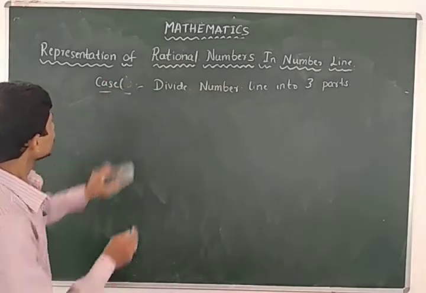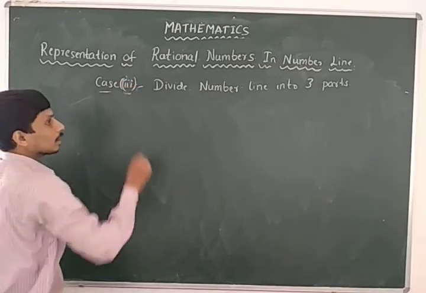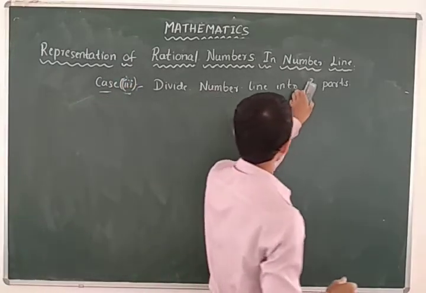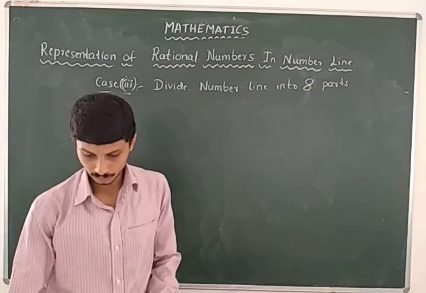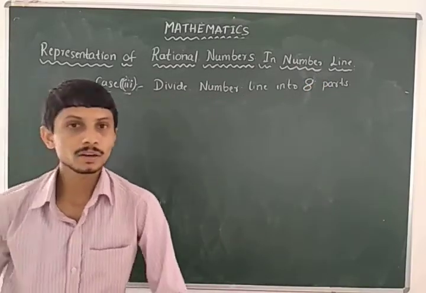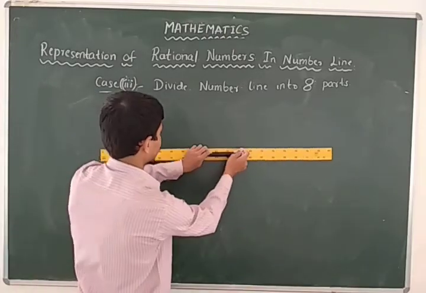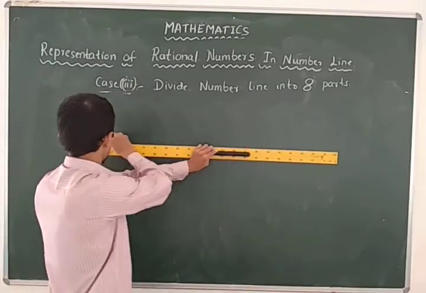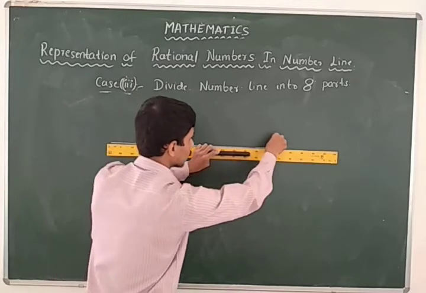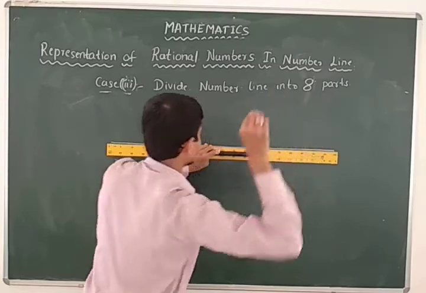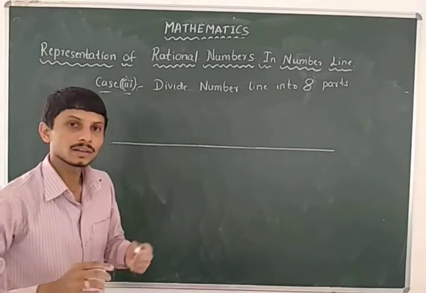So case number 3, we have to divide the number line into 8 distinct parts. For this also we have to draw a number line. We have to draw a number line here. So we have to divide into 8 parts.